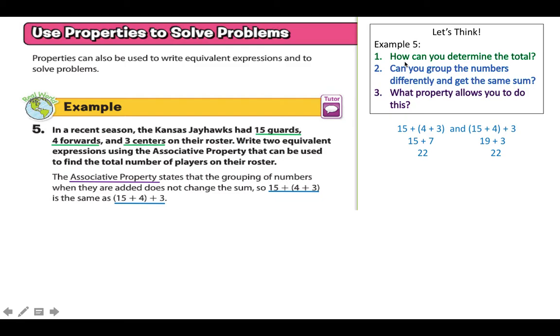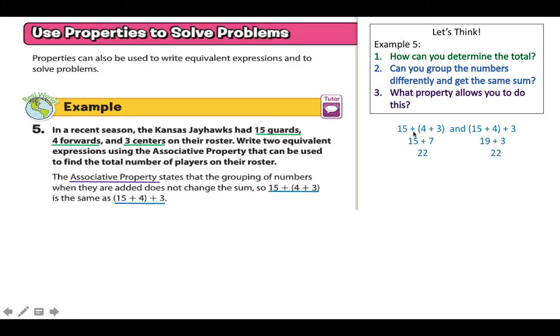Well, let's think through it. How can you determine the total number of players on the roster? Well, we can add the 15 guards, the 4 forwards, and the 3 centers together. Can you group the numbers differently and get the same answer or the same sum? Well, let's try it.